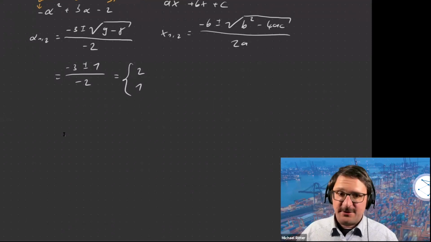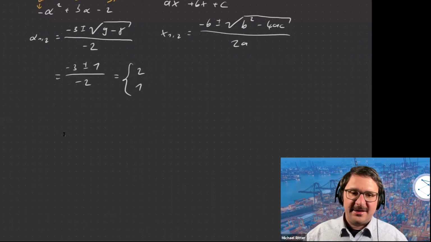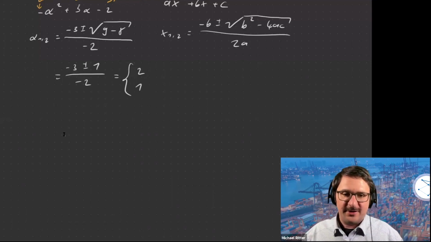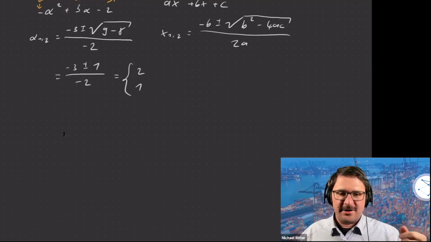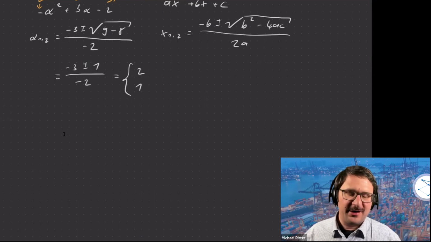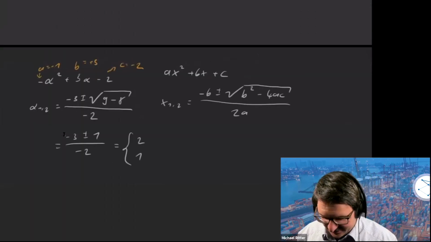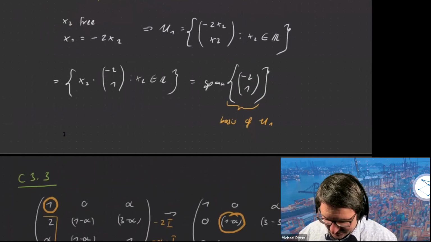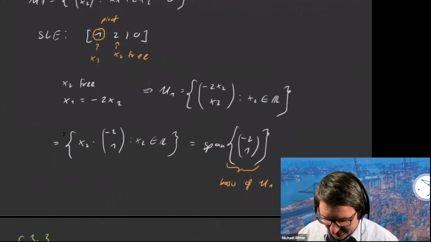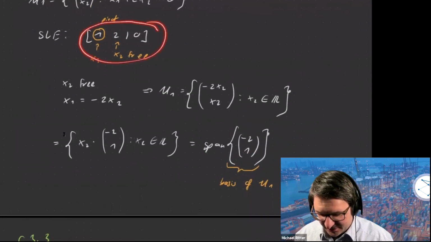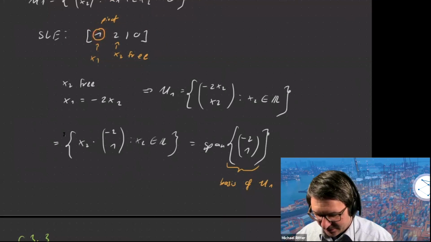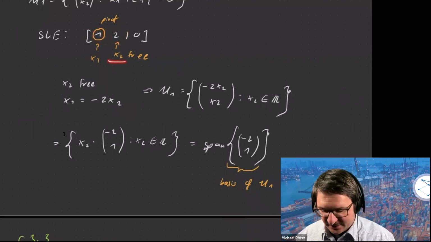And as you've seen before, the solution space depends on those free variables. So every free variable gives you 1 degree of freedom, if you want. So let's have a look at one of those solutions we had, like this one, for example. We had this system of linear equations here. There was 1 pivot, 1 column without a pivot. So we know that is a free variable here.